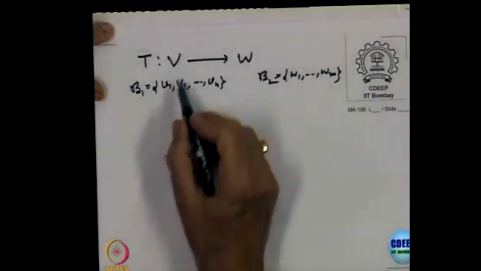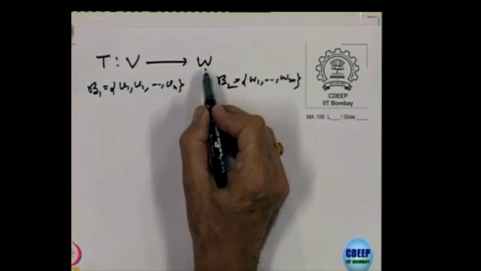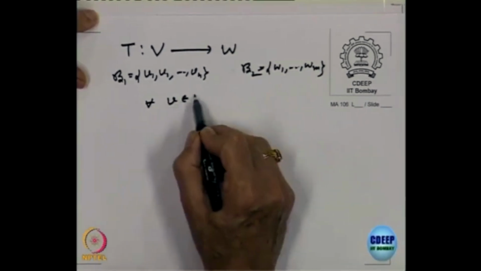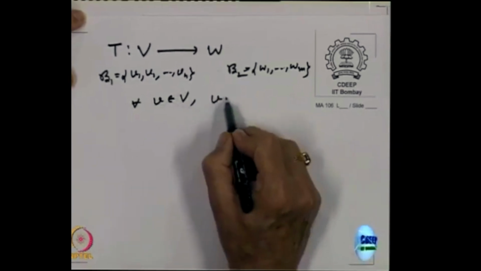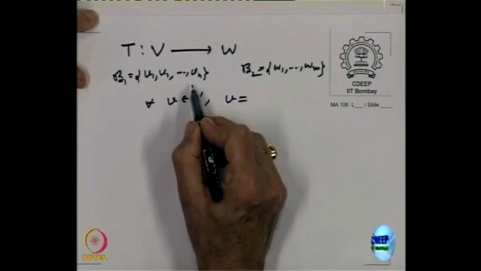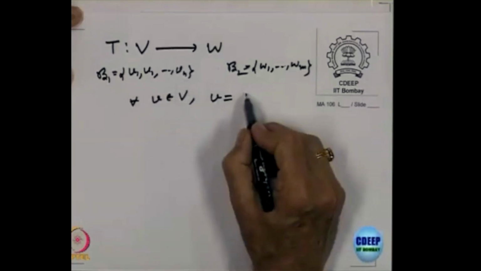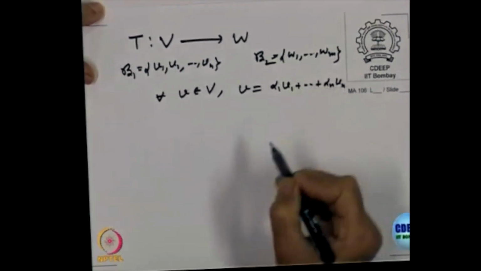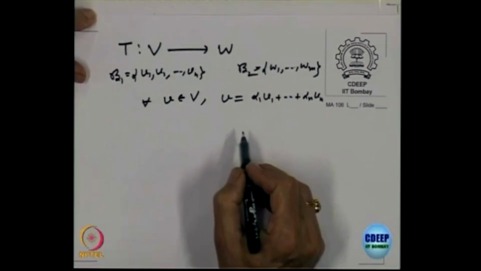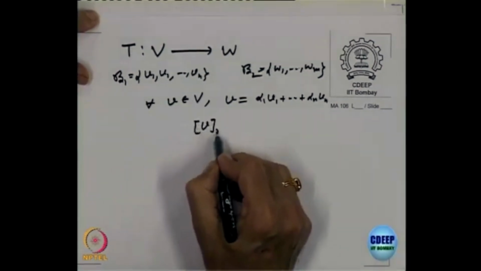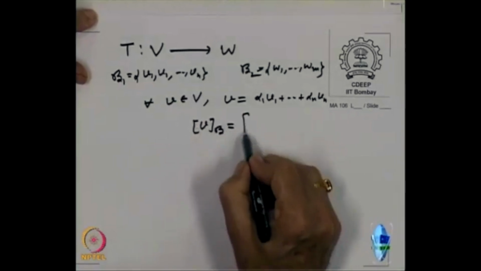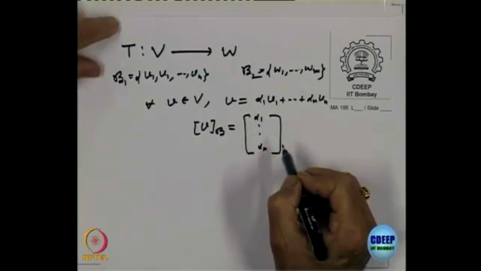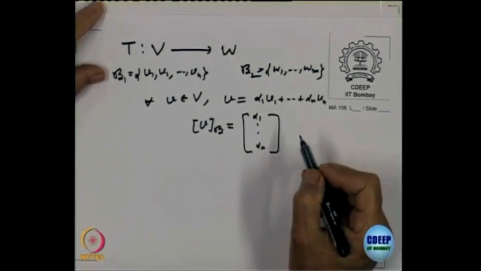For every vector V belonging to V, V is a linear combination of V1, V2, ..., Vn, so V equals alpha 1 V1 plus ... plus alpha n Vn, and these are unique because of the basis. So the coordinate vector is alpha 1, ..., alpha n. That is what the statement of the theorem said.